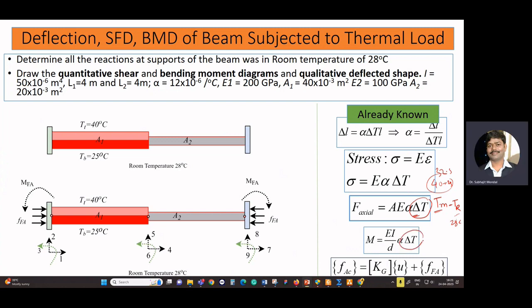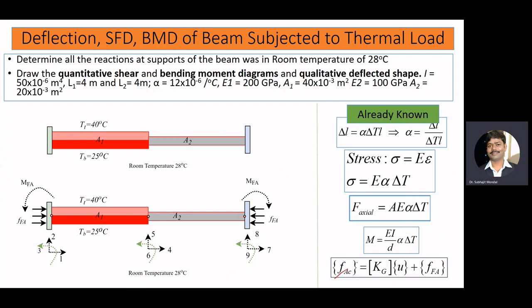For the moment case, this delta T is the temperature at the top minus the temperature at the bottom, that means 40 degrees minus 25 degrees Celsius. So now we have learned what axial force and moment are going to develop due to the temperature changes.